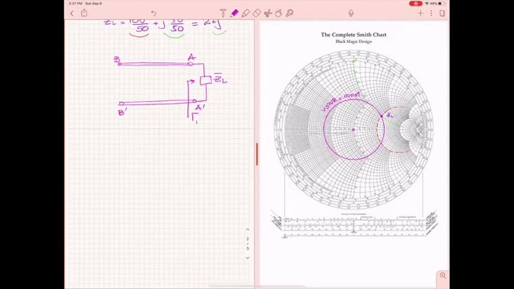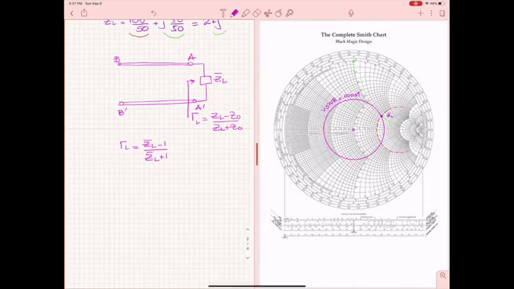Gamma sub L equals Z_L minus Z naught over Z_L plus Z naught. But when I normalize Z_L with respect to Z naught, it gives me z_L minus 1 over z_L plus 1.